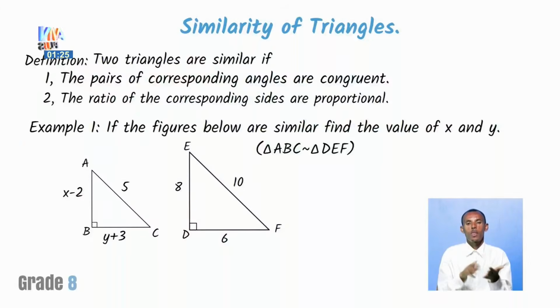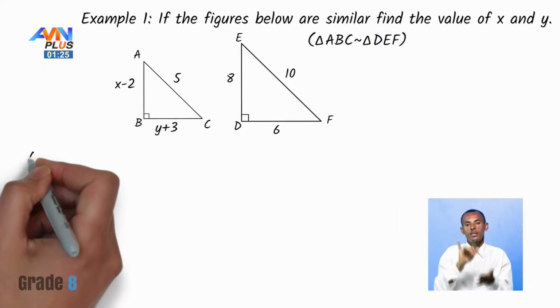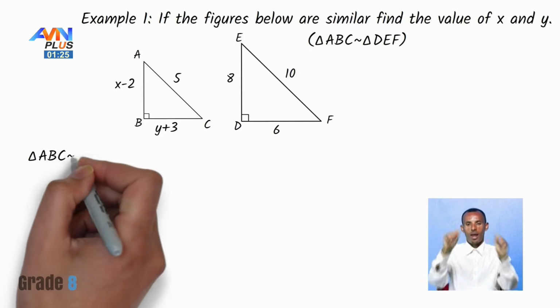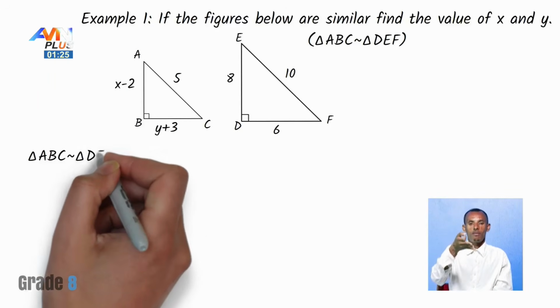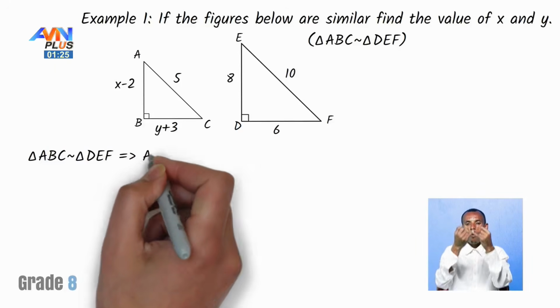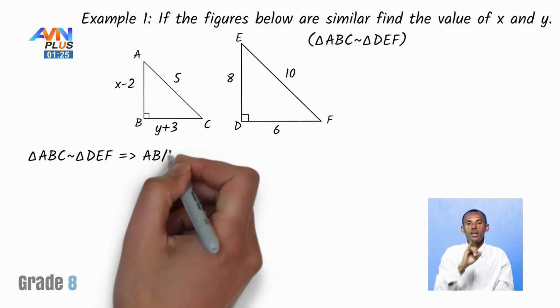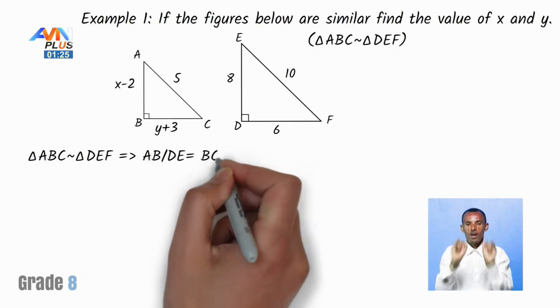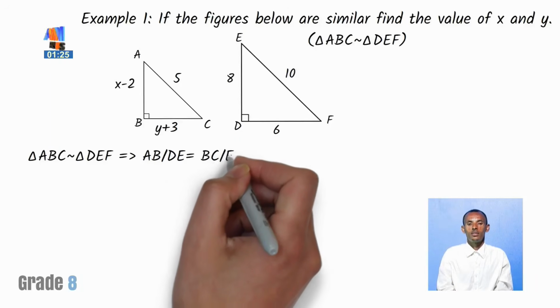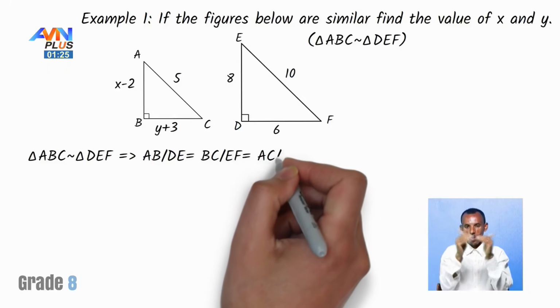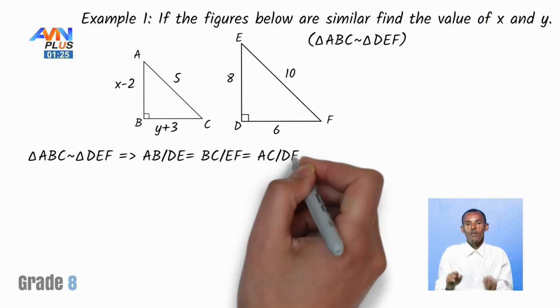So if we have this, we can say that triangle ABC is similar to triangle DEF, implies AB over DE is equal to BC over EF, and this is the same as AC over DF, okay?